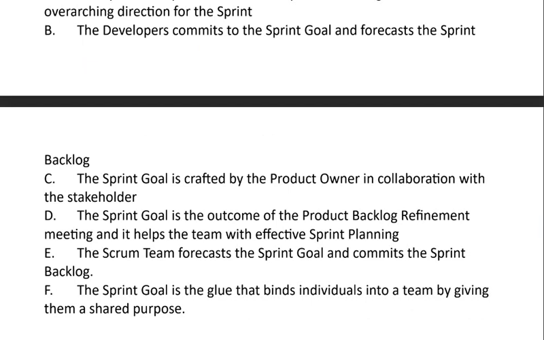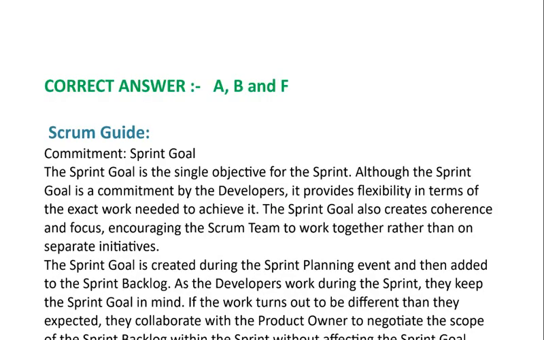Option D. The sprint goal is the outcome of the product backlog refinement meeting and it helps the team with effective sprint planning. Option E. The Scrum team forecasts the sprint goal and commits the sprint backlog. Option F. The sprint goal is the glue that binds individuals into a team by giving them a shared purpose. Correct answer is option A, B, and option F.